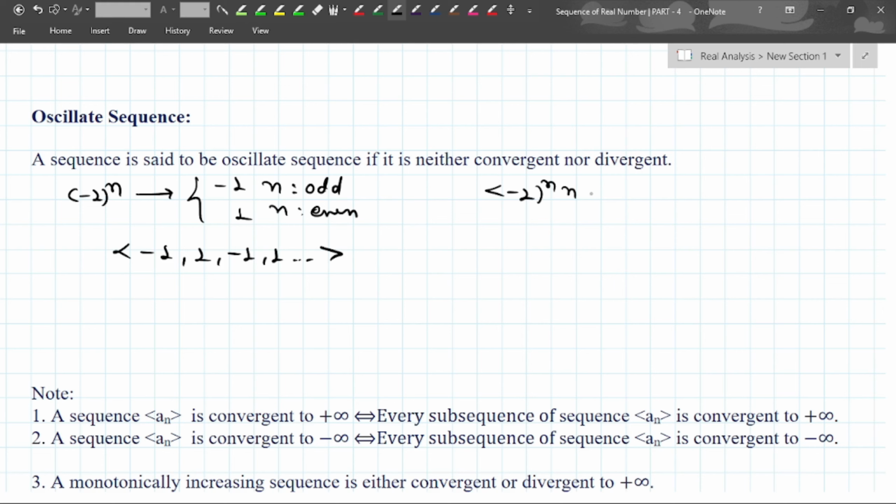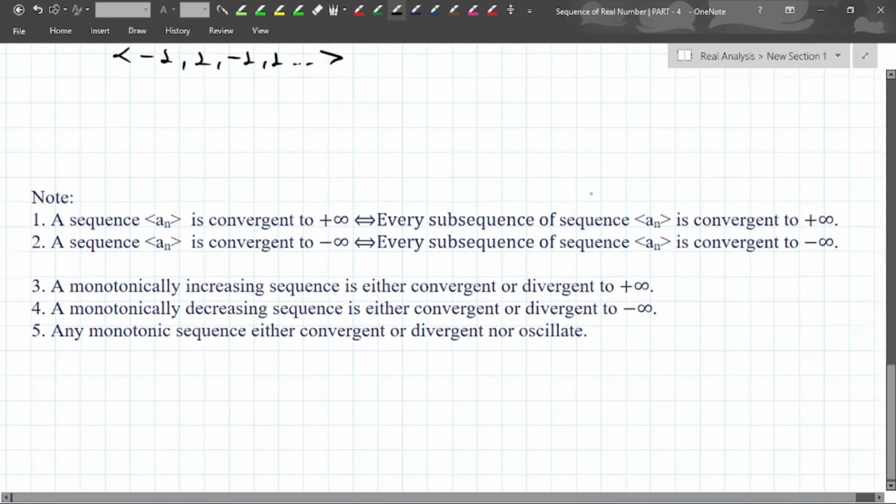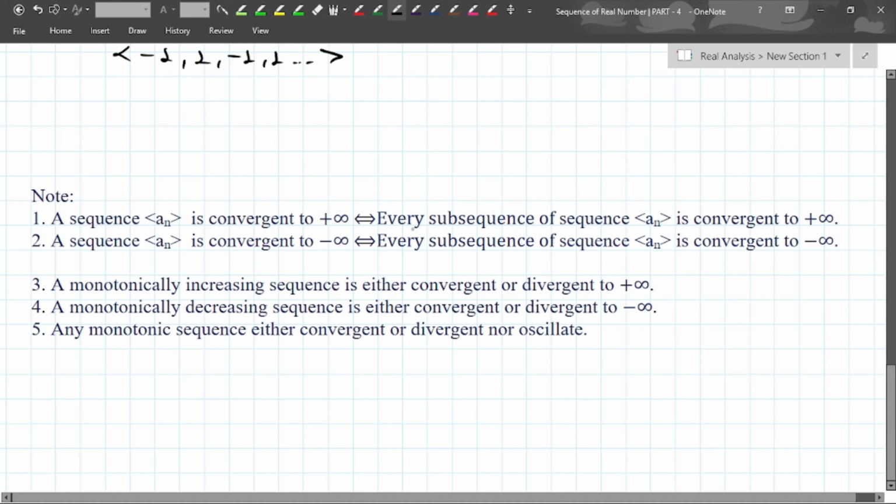Okay, now we have some results over here: if a sequence an converges to plus infinity, then every subsequence of the sequence does too. We have already discussed the concept of subsequence earlier. Let's recall what we mean by subsequences.